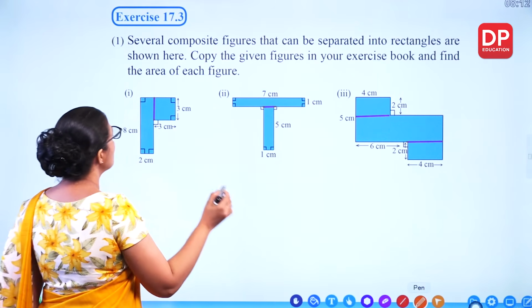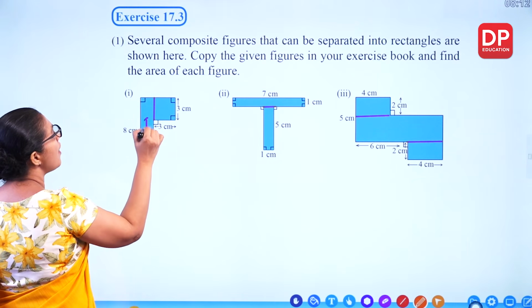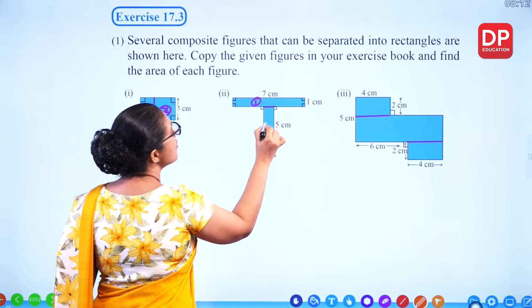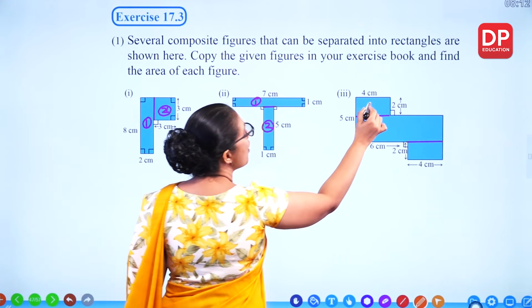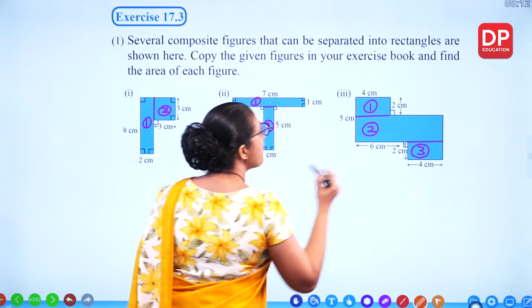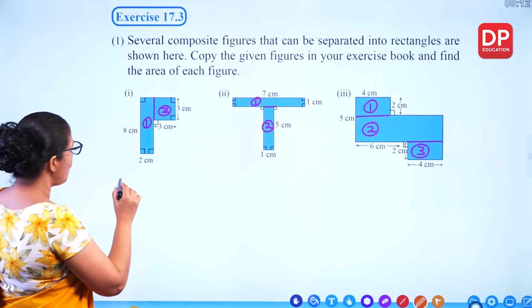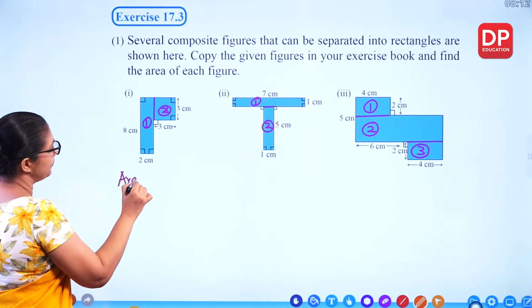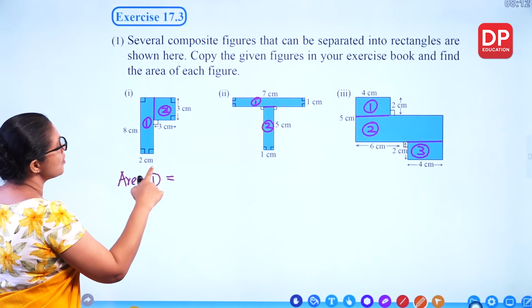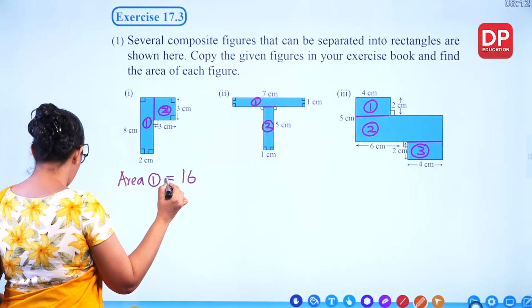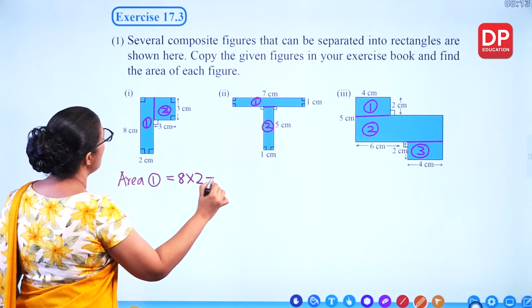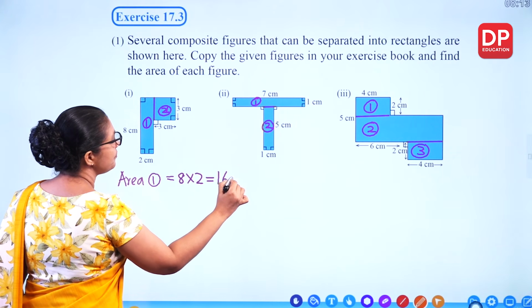I'll put 1, 2, 3. 1, 2. Here 1, 2. This one, 1, 2, 3. Okay, so area of 1. What's the area? 8 times 2, 16. I'll write down. 8 times 2, that's 16.